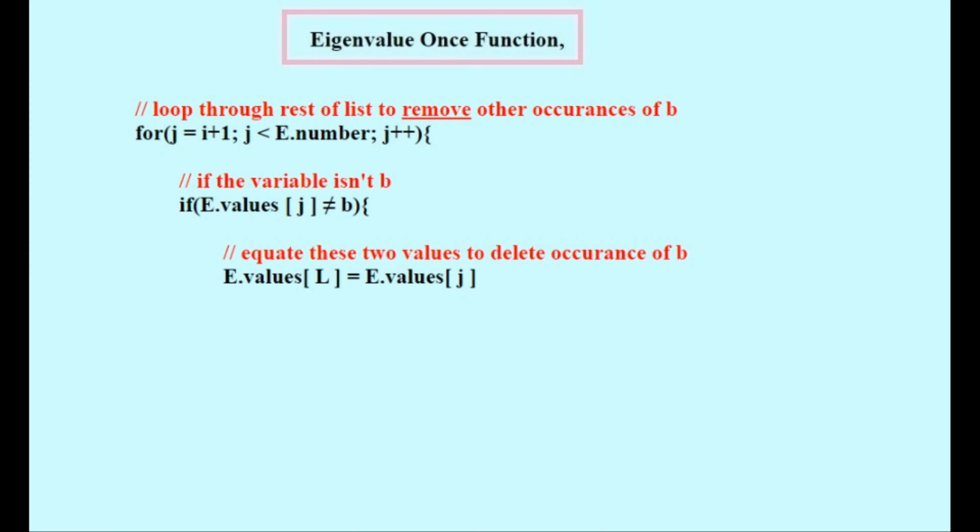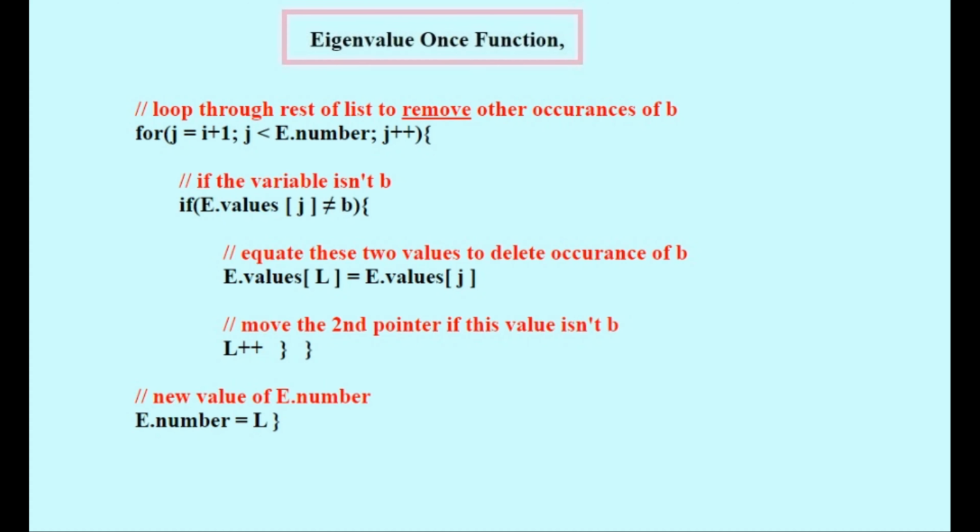But this line is only executed when the value pointed to by J is unequal to B. We then increment the second pointer L, but only when the value isn't equal to B, so as to make it lag behind J 1 step for every occurrence of B in the rest of the list.